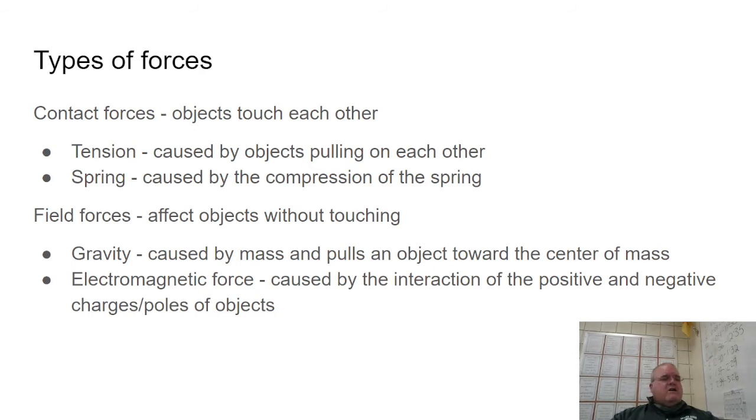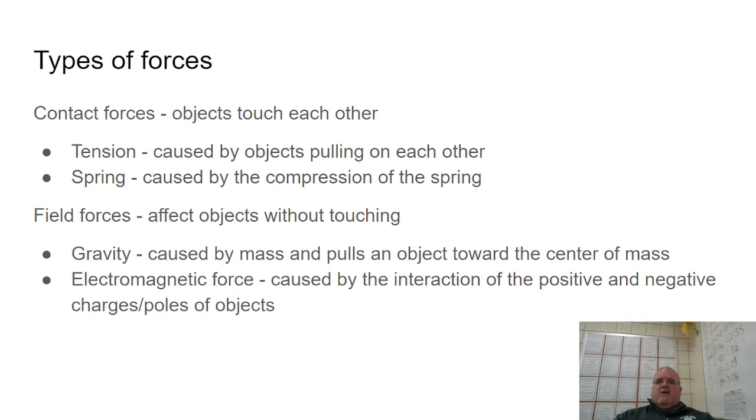We think of this as tension, pulling on a rope, pushing something, pulling something, or a spring, where the spring is attached to something because the spring compresses and elongates.